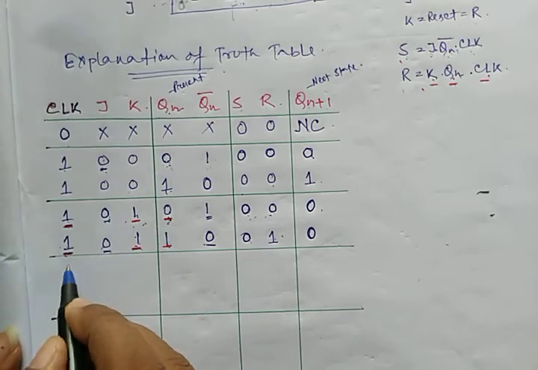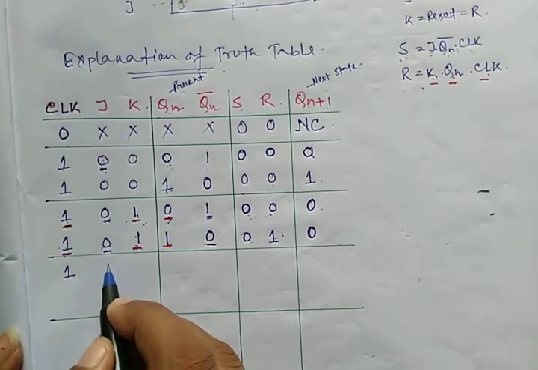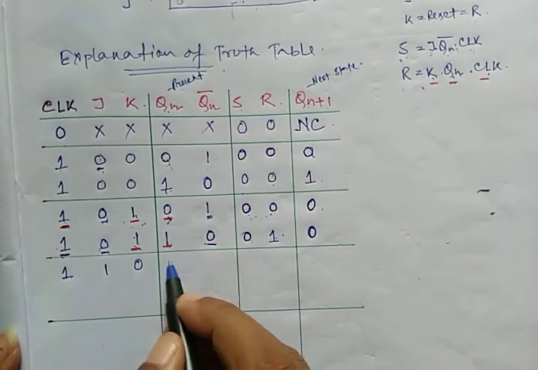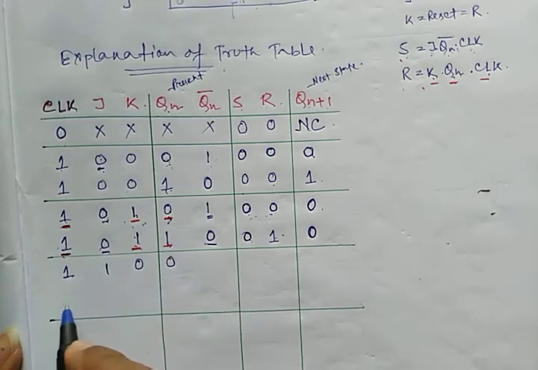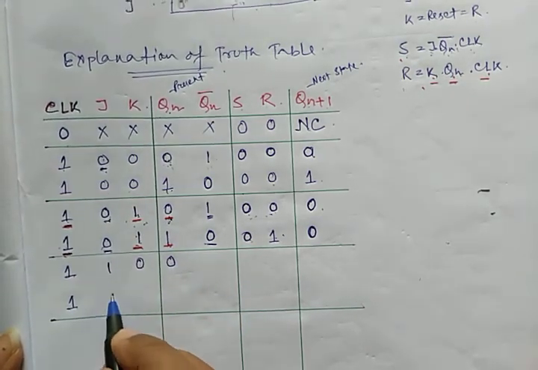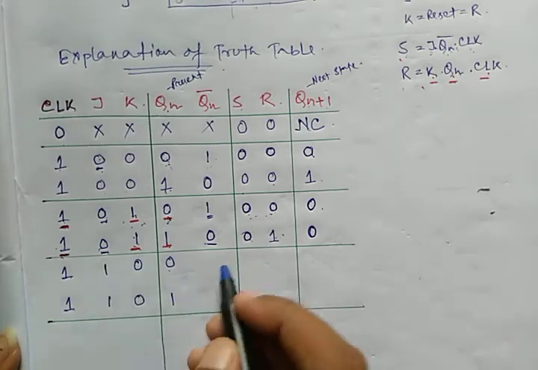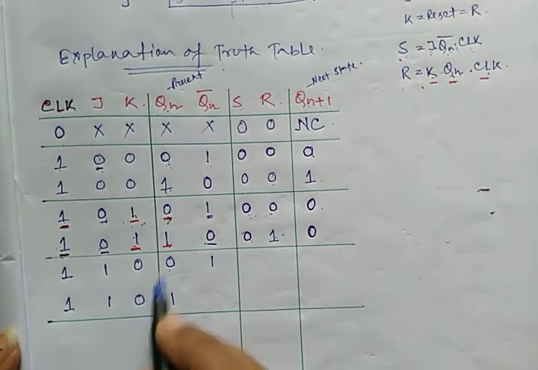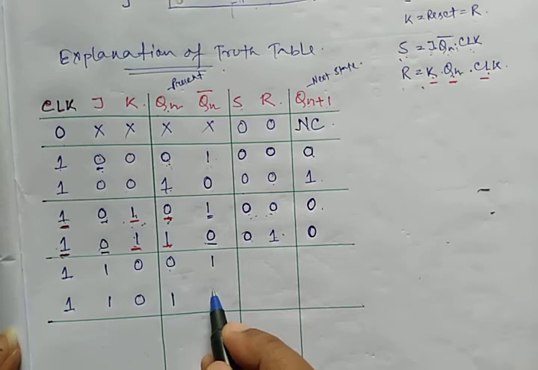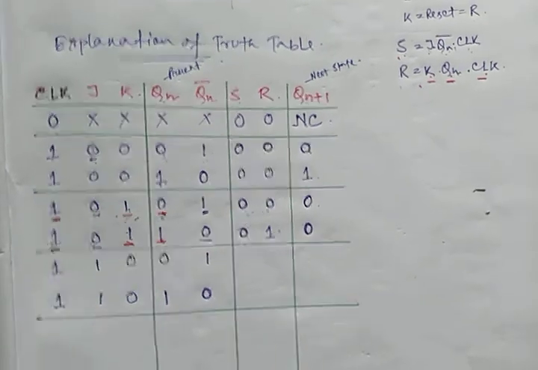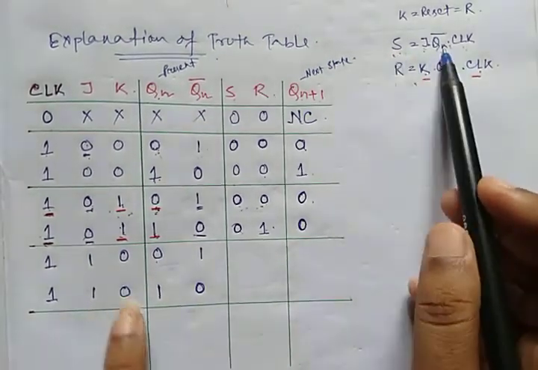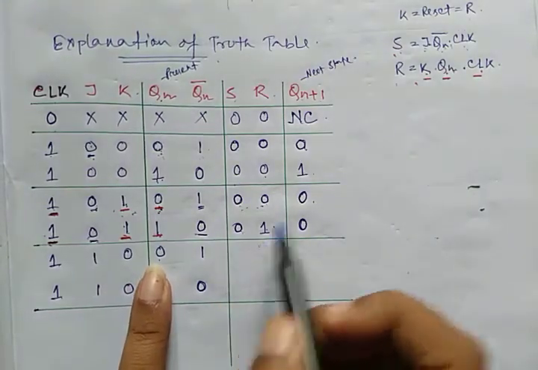Now our third condition: when clock is 1, J is 1, K is 0, Qn is 0. When clock is 1, J is 1, K is 0, Qn is 1. As Qn is 0, Qn bar is 1; Qn is 1, Qn bar is 0. Now using this formula, we get the value of S and R.